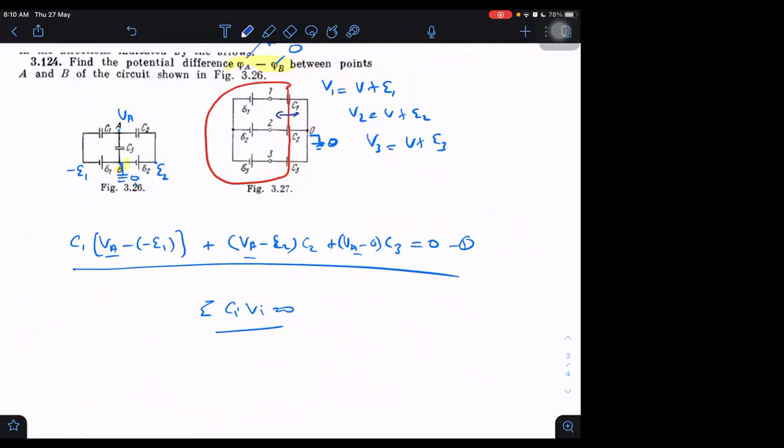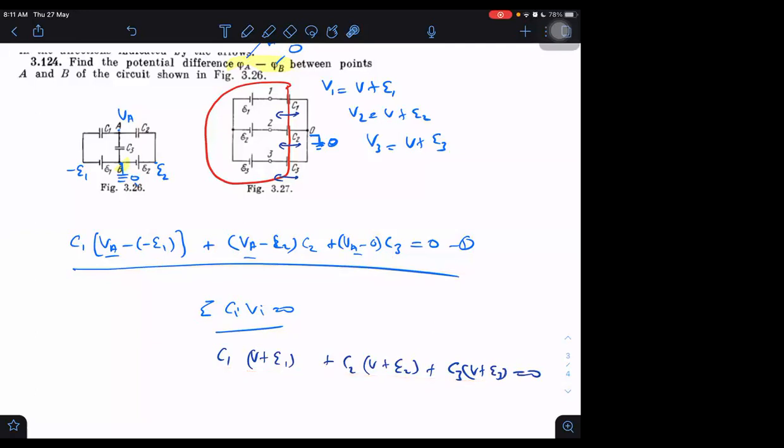What is the potential difference across C1? V1. What is the potential difference across C2? V2. What is the potential difference across C3? V3. So I could write C1 into V1, which is nothing but V plus E1, plus C2 into V plus E2, plus C3 into V plus E3, is equal to 0. This equation is the same as the above.